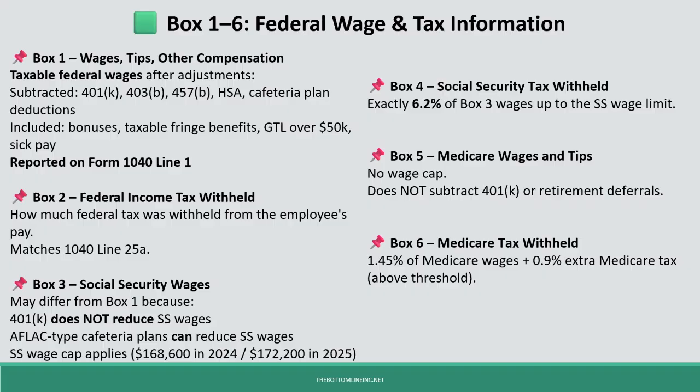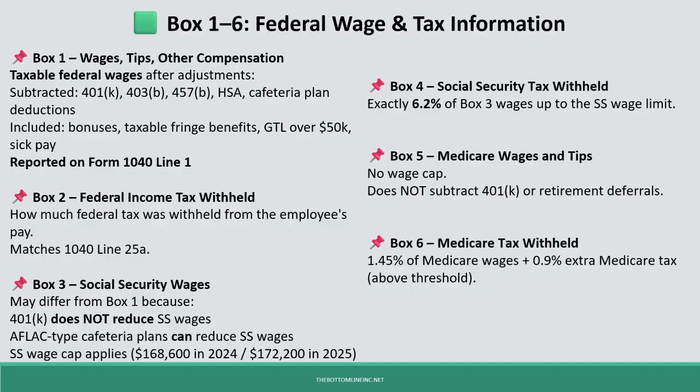Medicare tax has no cap, and you do not get to reduce the amount of Medicare wages by the amount of retirement contributions. Medicare is withheld at 1.45% of the wage, and then above a threshold, you have an additional 0.9%.